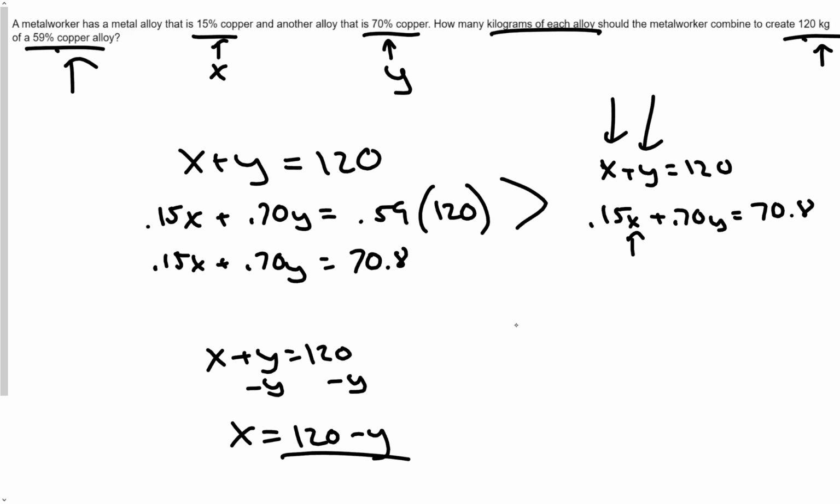But what I can do is say that 0.15 times x, which is 120 minus y, plus 0.7y, I don't need to write the 0, is equal to 70.8. Now, with a calculator, I just distribute.